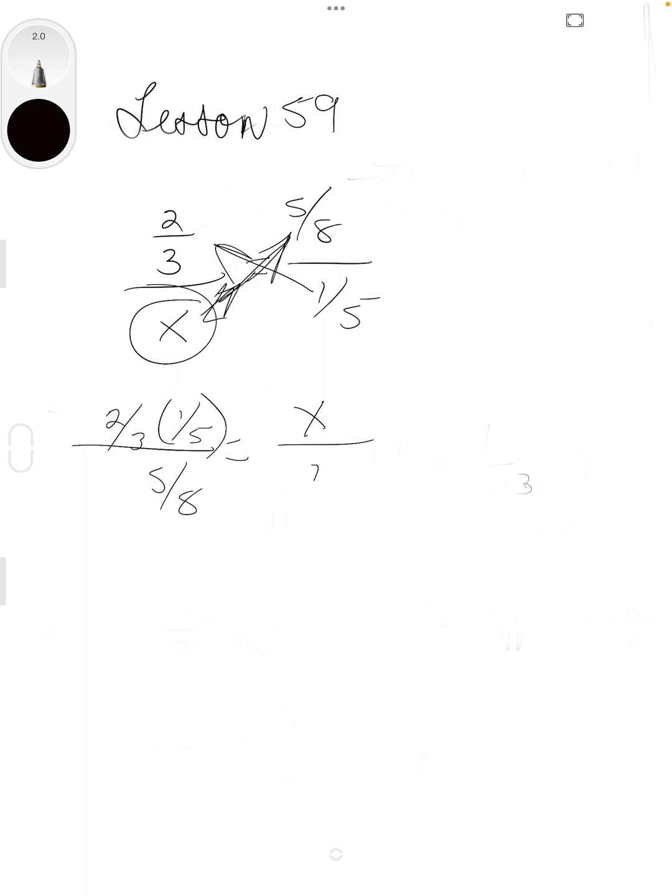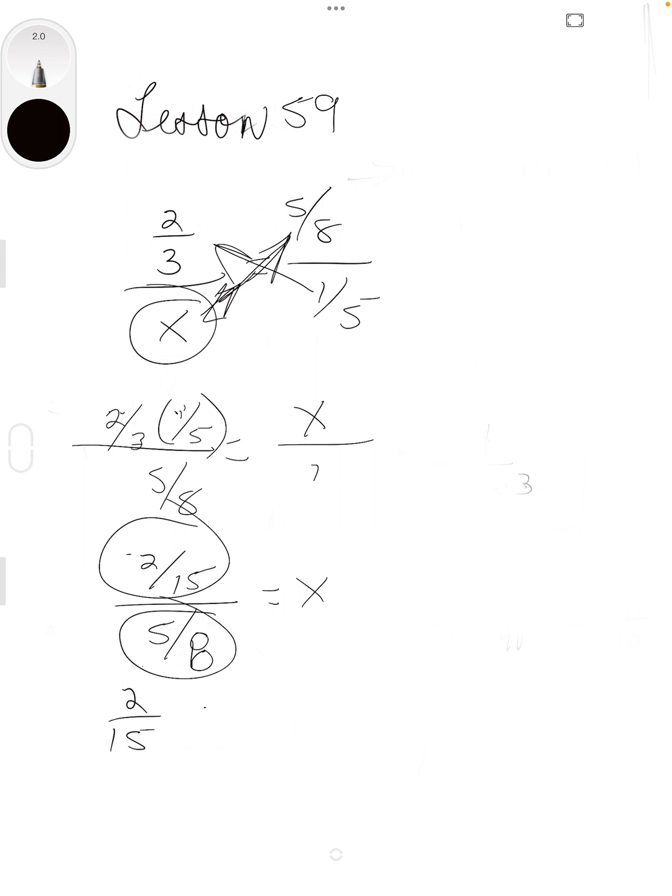Well, okay, what's 2/3 times 1/5? 2 times 1 is 2, and this becomes 2/15 over 5/8. Okay, and that's x. Done. Now, I'm not completely done. We do know that when you have a fraction, it's the top divided by the bottom, which is 2/15 divided by 5/8.